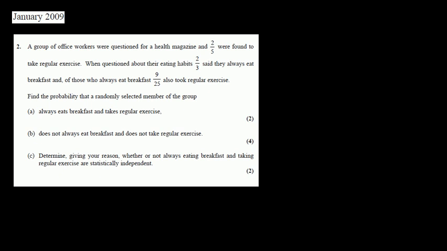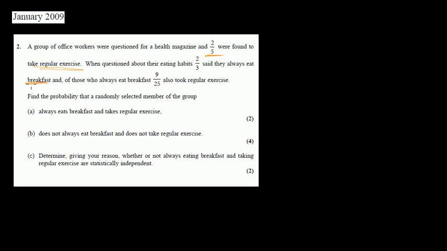A group of office workers were questioned for a health magazine, and 2/5 were found to take regular exercise. So, regular exercise, 2/5, that is the probability. When questioned about their eating habits, 2/3 said they always eat breakfast.